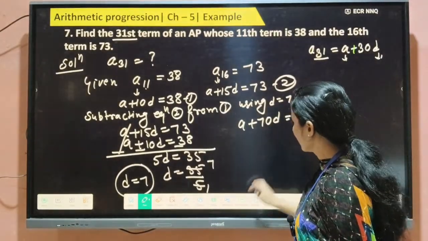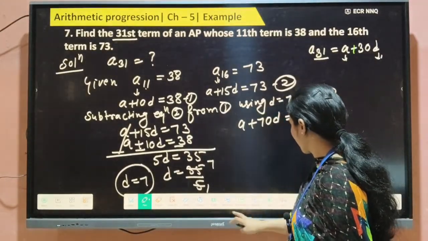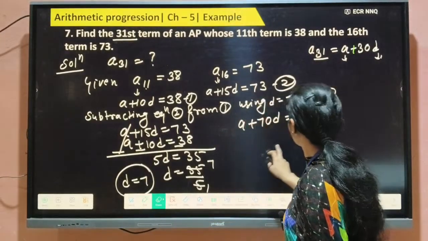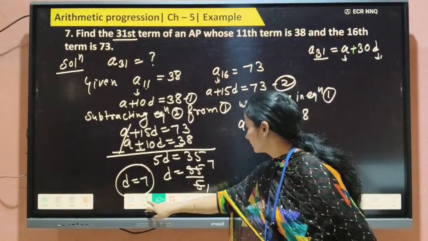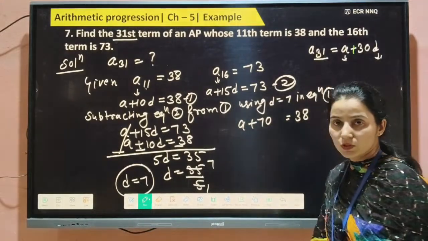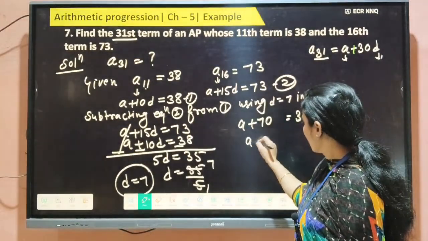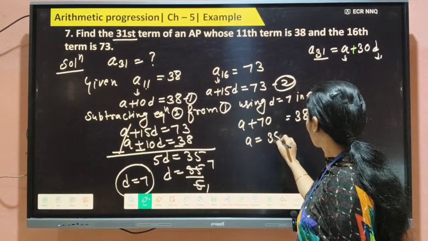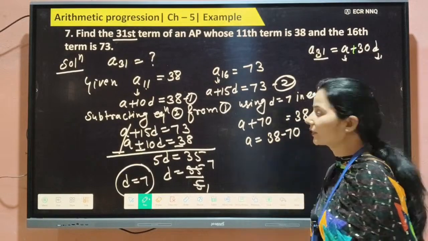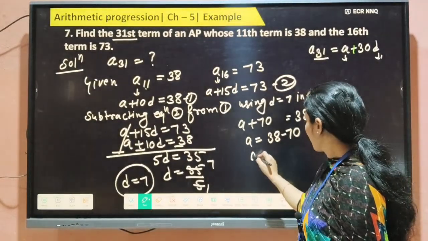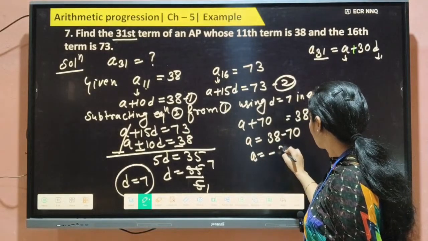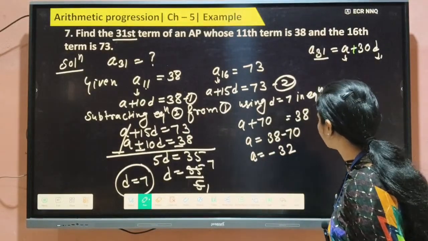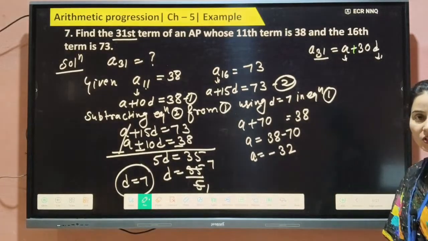Now D value is 7, so A plus 70 equals 38. A equals 38 minus 70. So A equals minus 32.